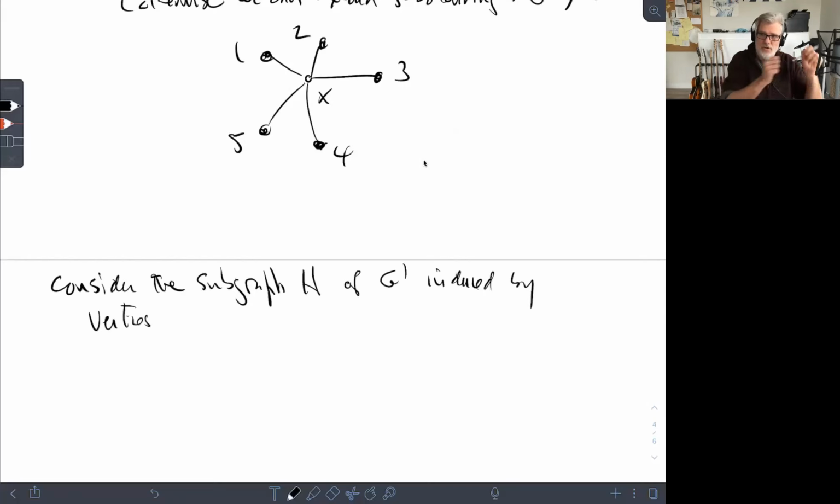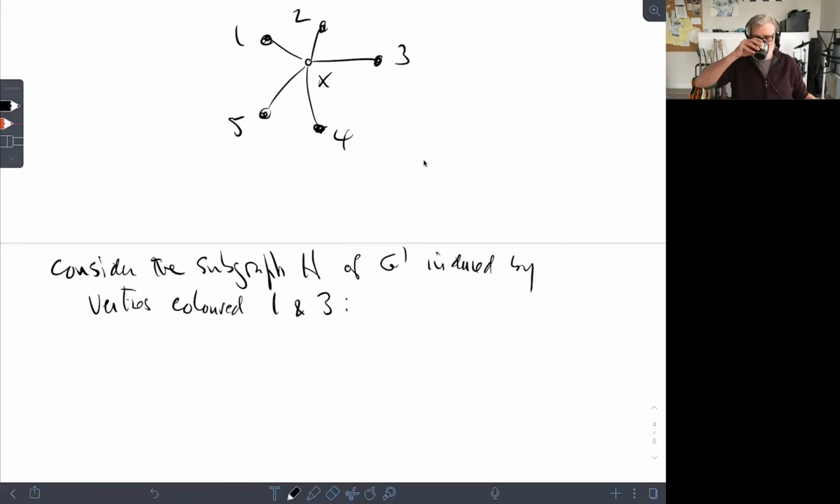I'm going to try to draw something to help you see it, but this is the only really tricky part of the whole thing. So consider the subgraph H of G prime induced by vertices colored 1 and 3. You'll see why I chose colors 1 and 3 in just a sec. So what is this?